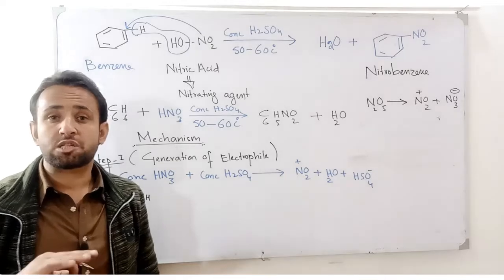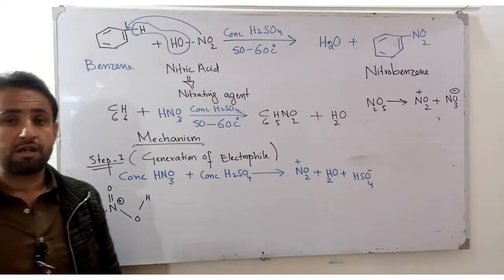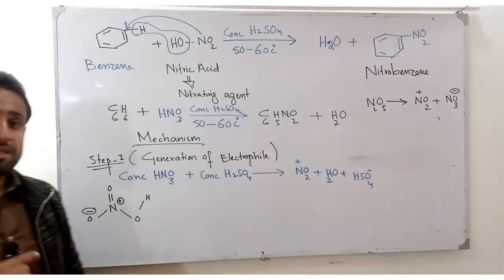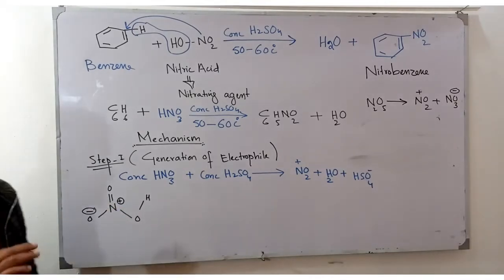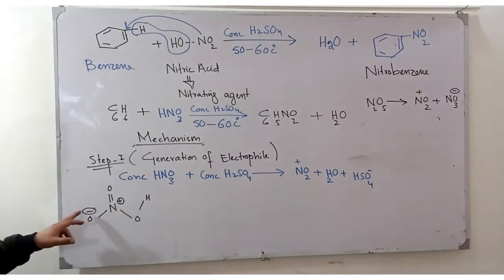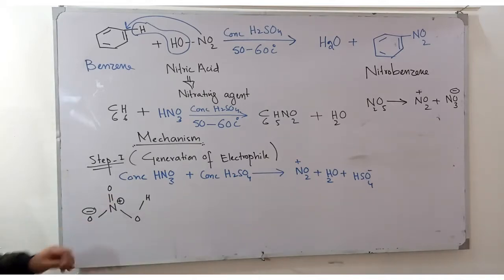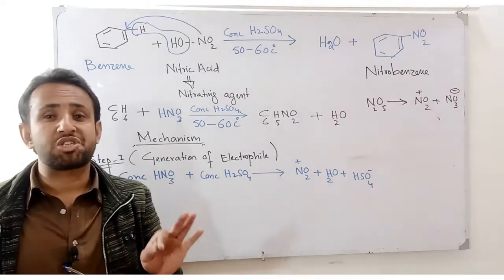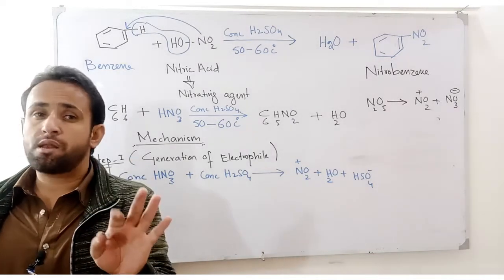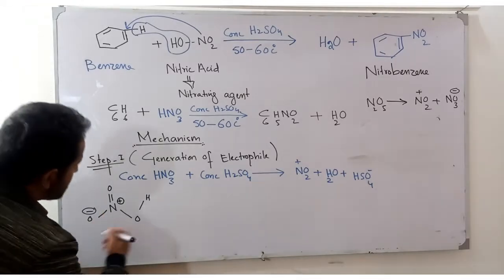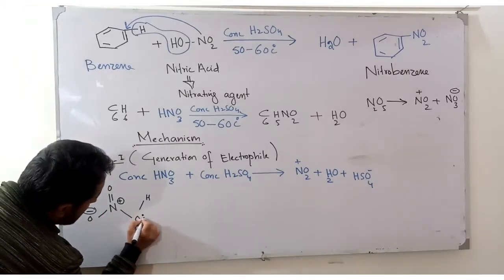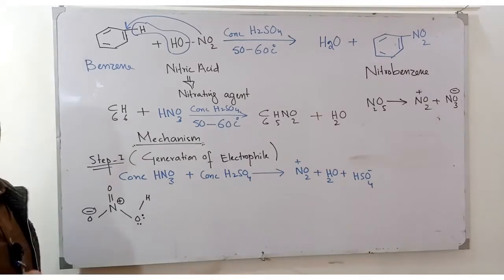As a result, the molecule becomes neutral. Here it is the same case: there is an equal number of positive and negative charges. Therefore this negative will cancel this positive, and the nitric acid becomes a neutral molecule. Now there are two lone pairs of electrons on the oxygen atom.